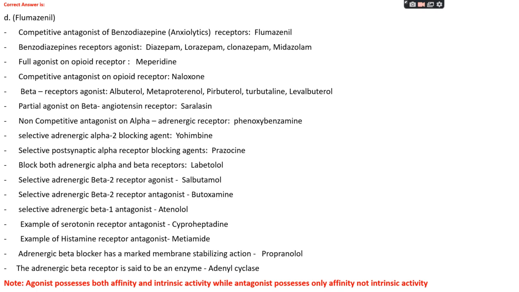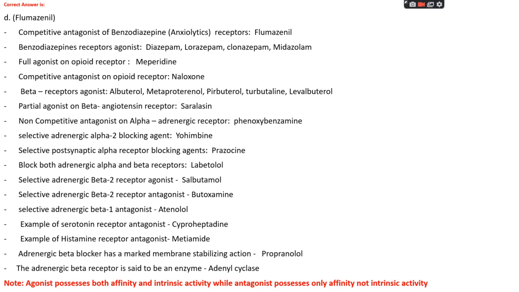A selective alpha 2 blocking agent, since alpha 2 receptors are mainly found presynaptically, is yohimbine. A selective postsynaptic alpha receptor blocking agent is prazosin.